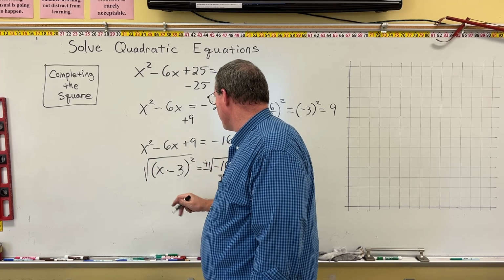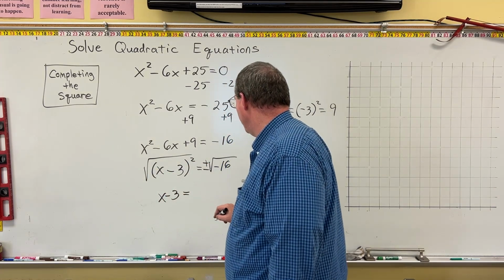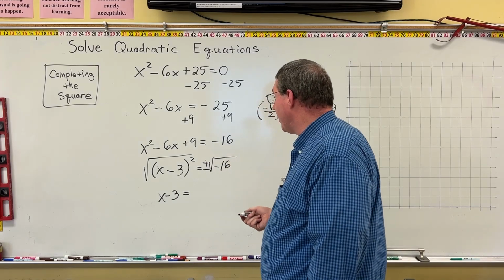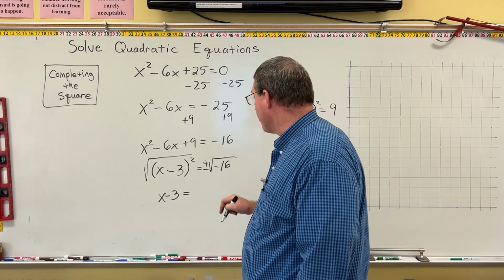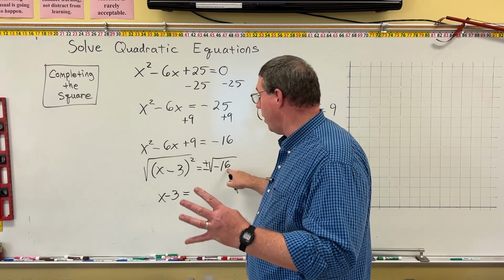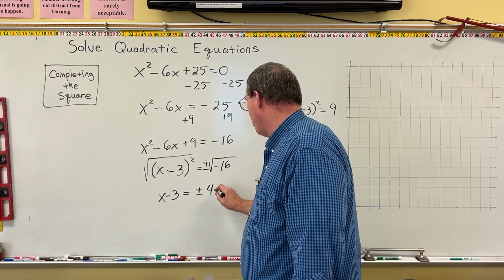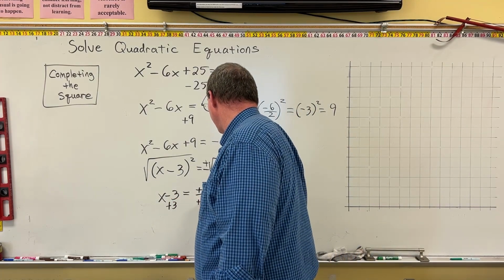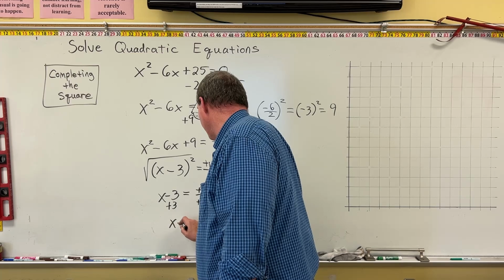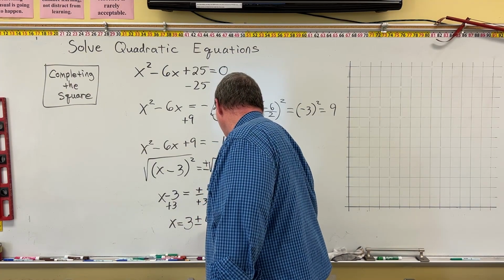So the square root of this squared results in just x minus 3 is equal to plus or minus the square root of negative 16. Well, the square root of negative 16, that's a complex number. Remember, the square root of 16 is 4, and because of the negative, i. So what we have here is plus or minus 4i. Now we're going to add 3 to both sides, and we get x is equal to 3 plus or minus 4i.